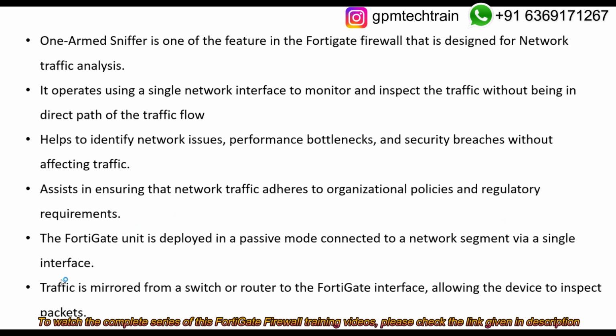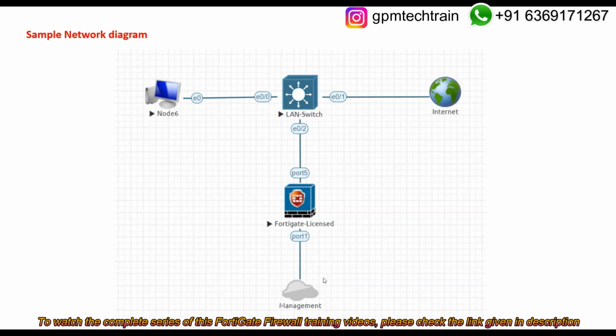The FortiGate unit is deployed in passive mode, connected to the network segment via a single interface, and the traffic is mirrored from the switch or router to the firewall interface, allowing the device to inspect the packets.